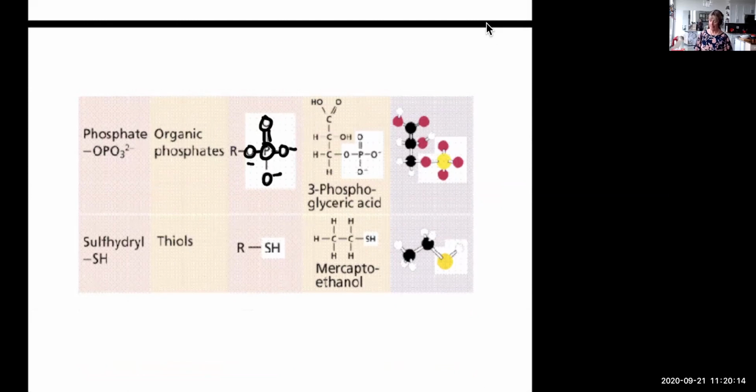So it's a negatively charged group. The sulfhydryls are a sulfur atom and a hydrogen together as a functional group, and these provide very strong sulfhydryl bonds in between parts of a protein. So they make a protein structure very strong.